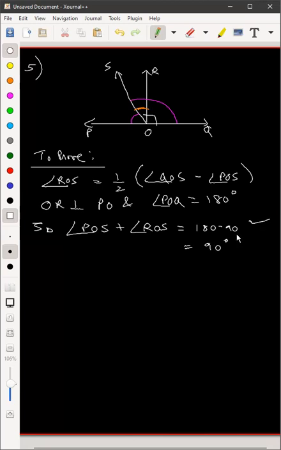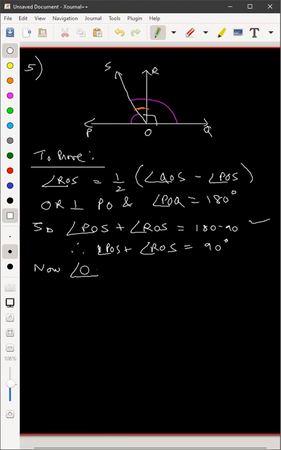If we don't write this step, we lose a mark. So we know that angle POS plus angle ROS is 90 degrees. So somewhere we are connecting ROS and POS. We're left with QOS. This is what we want here.